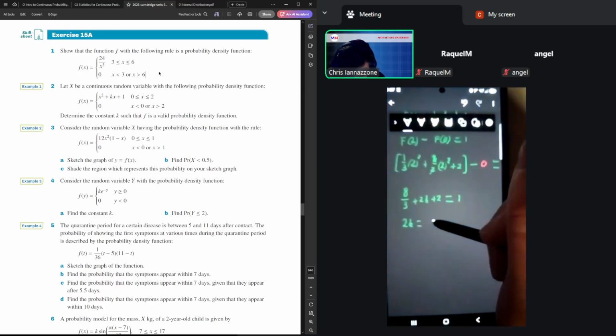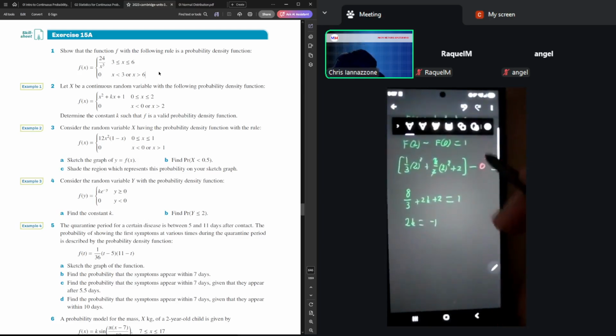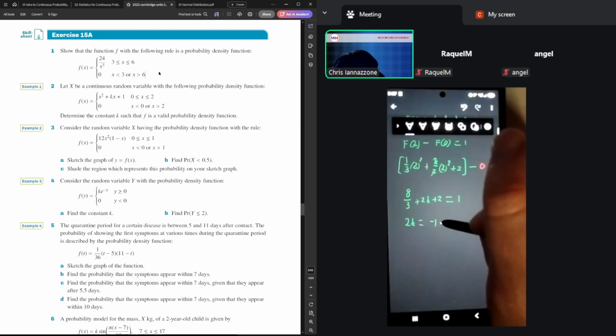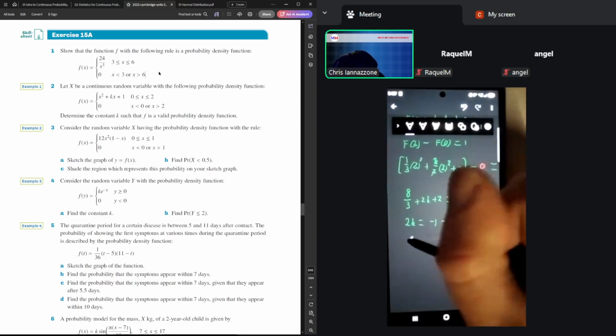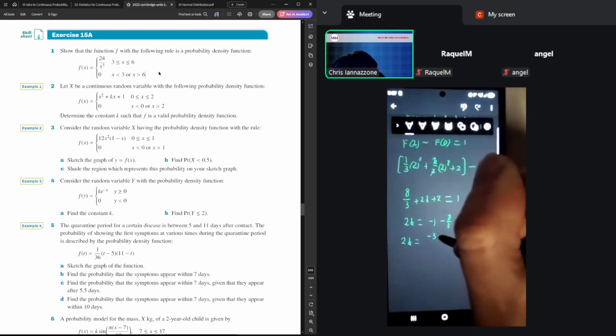2k is equal to 1 minus 2, so minus 1, and minus 8 on 3. 2k equals, so minus 3 minus 8 on 3.